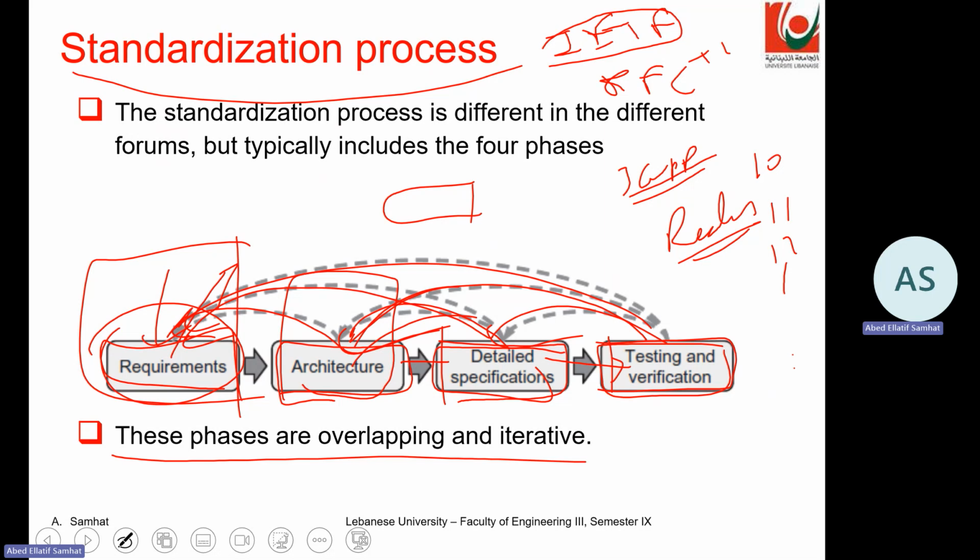So those are considered standards for those protocols. For other organizations, for example IEEE, the Institute of Electrical and Electronics Engineers, the standards will have numbers like IEEE 802.11, which is the Wi-Fi standard.